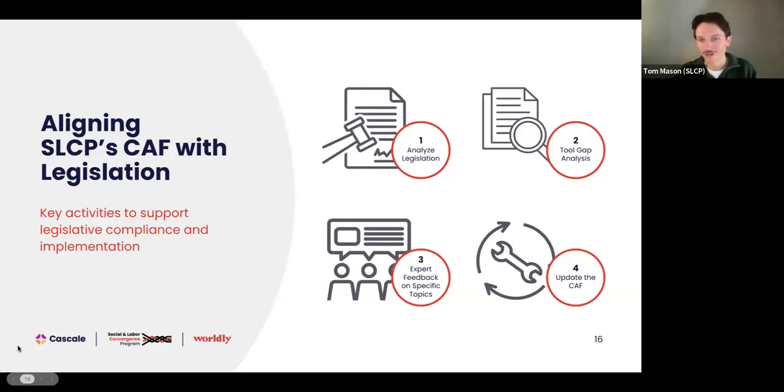The last step we do, when we've taken on all of this information, is we revise, remove, or add data points to the CAF. So part of this process is really bringing all the analysis and information to our CAF task force, who are in charge of endorsing the future version of the CAF.